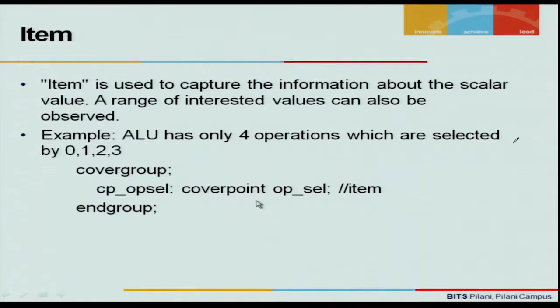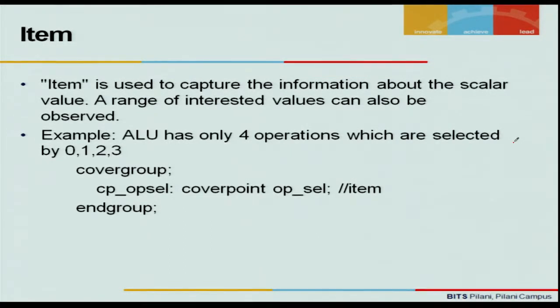Now when I run one test case, it is expected that I am interested in the 4 values of operation select, but in that test case I have done only one operation. When you run the test case and find out which operations were run, it will say, okay, only let's say operations 0 and 1 were exercised, and 2 and 3 were not.